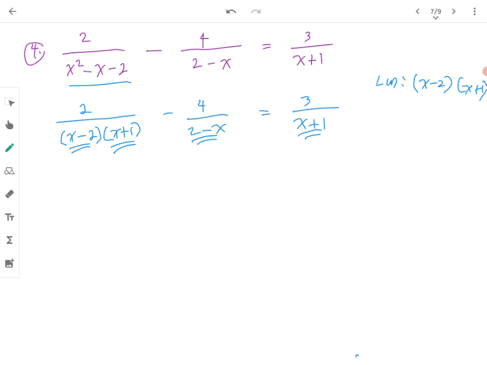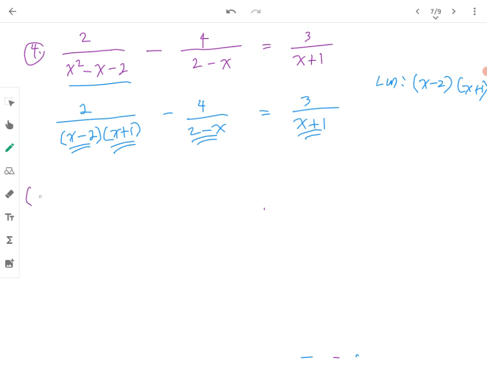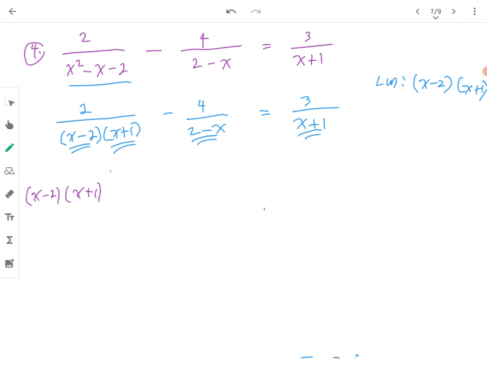We will multiply each of these terms by the LCD, x minus 2, x plus 1. Let's start. Our LCD is x minus 2, x plus 1, times our first term, which is 2 times x minus 2 times x plus 1, then minus our LCD again times this second term.